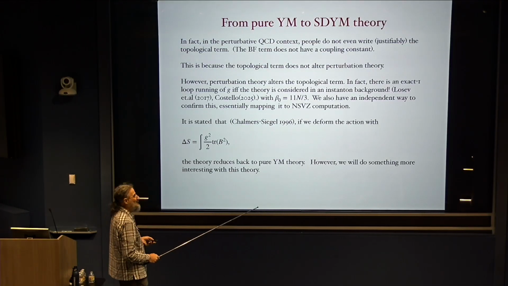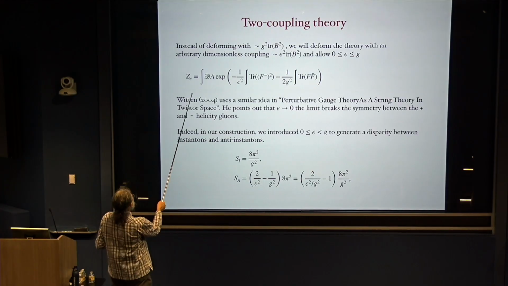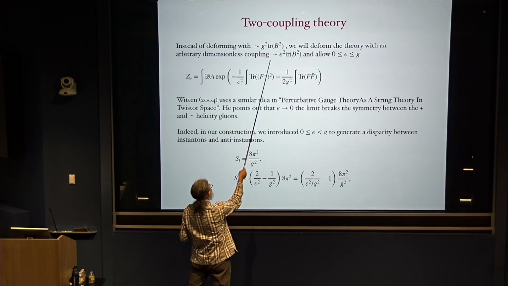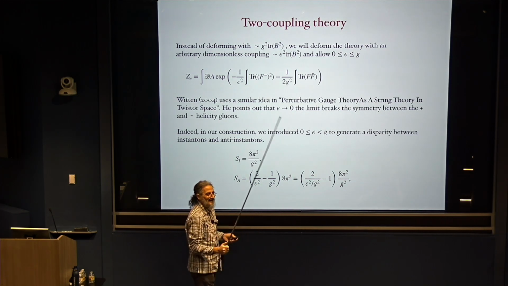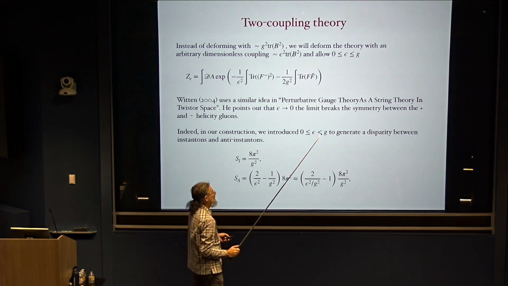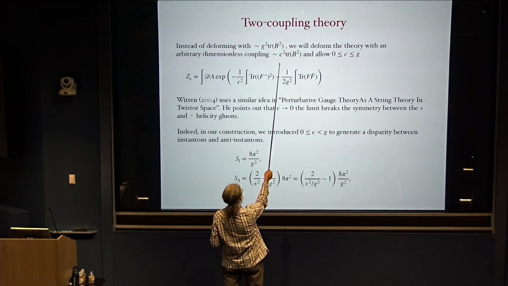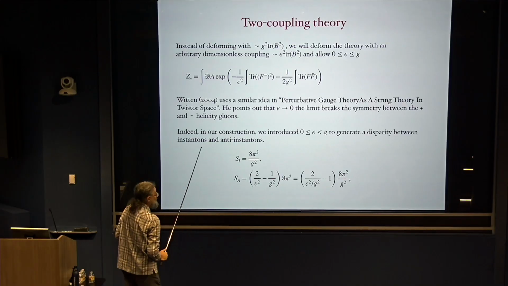I will do something hopefully far more interesting, and I have a good backup for it, okay? Instead of deforming the theory exactly by this coupling, which will conspire with that to bring it back to pure Yang-Mills, I will deform the theory with an arbitrary dimensional coupling, epsilon square. Epsilon square is my new coupling.